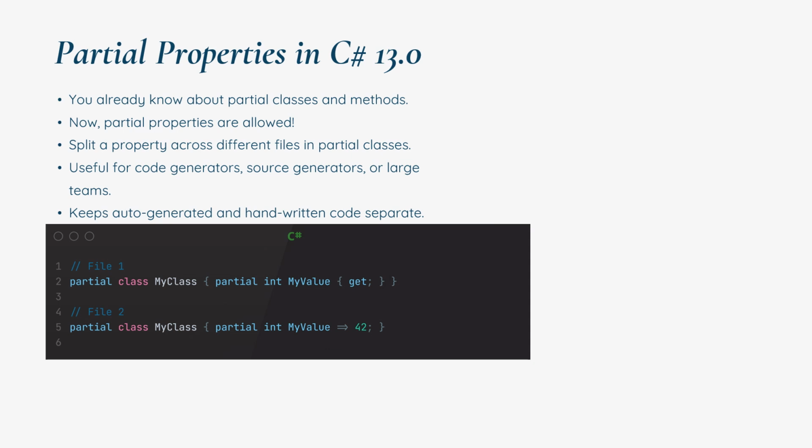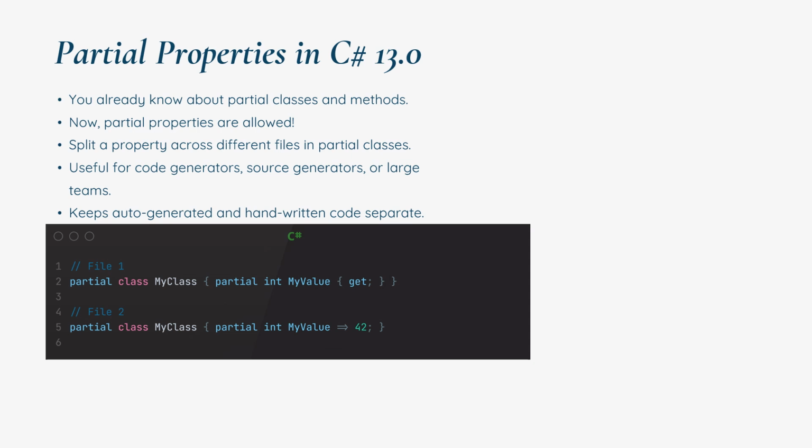But until now, properties couldn't be split in this way. But now you can declare partial properties. This means you can define one part of a property's logic in one file and complete it in another.